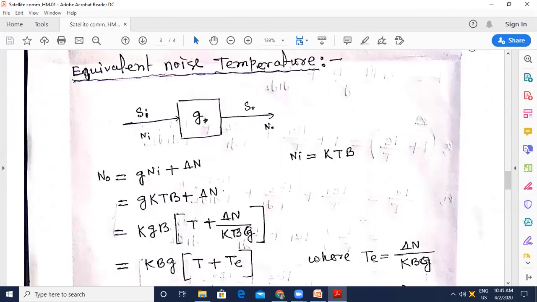Now, equivalent noise temperature. This is not the physical temperature of the device. This is the noise temperature, a virtual concept: this device is introducing some noise, and the equivalent temperature of that is called the noise temperature. So let's consider N0 is the output noise of the device, S0 is the output signal, the input signal is Si, and the input noise is Ni.